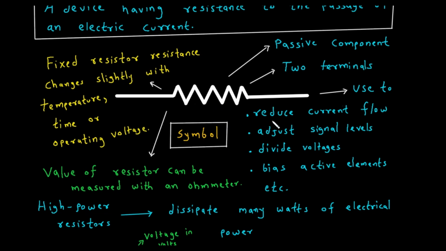So these are some uses or applications of resistor. Now here we can see the value of a resistor can be measured with an ohm meter. If we want to measure the value of this resistance, we have to use an ohm meter.